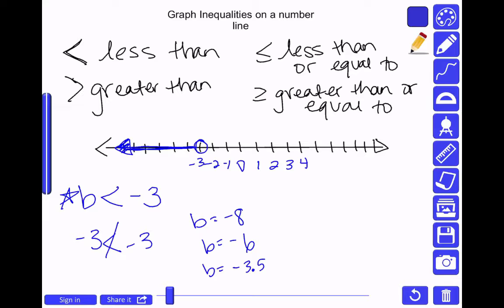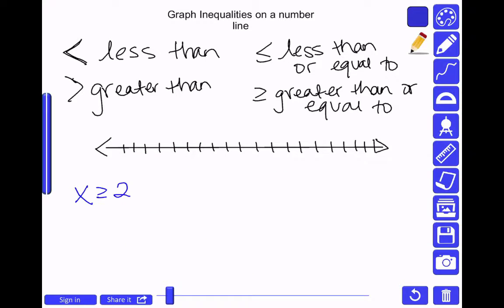Again, with the open circle indicating that -3 is not a solution, but anything to the left of -3 would be a solution. Now our example is x is greater than or equal to 2. So when we graph this, we're graphing what we're saying are the solutions for x. So because x is not equal to 2, there are multiple solutions for x.